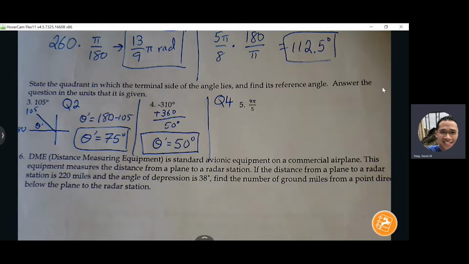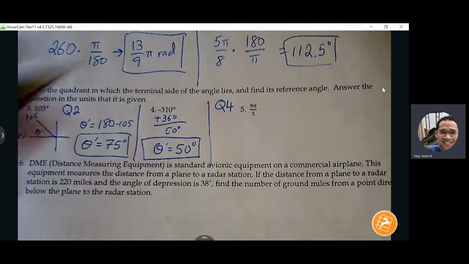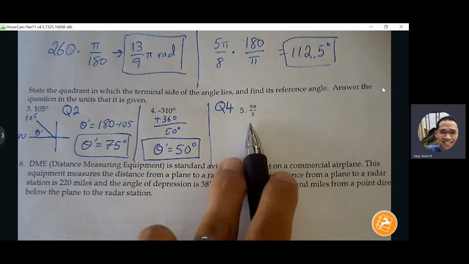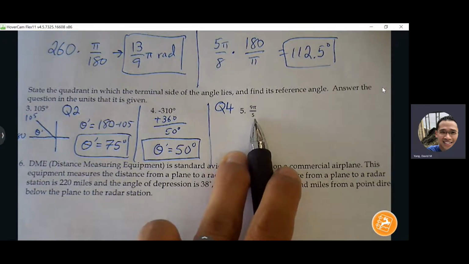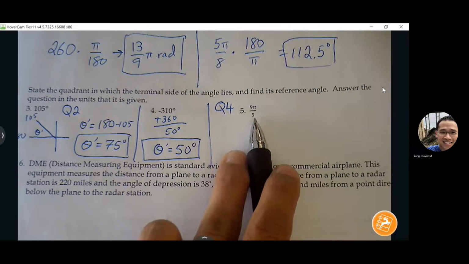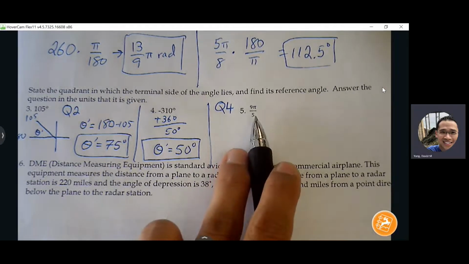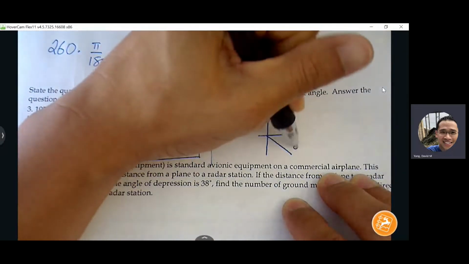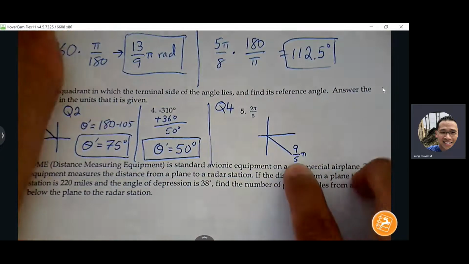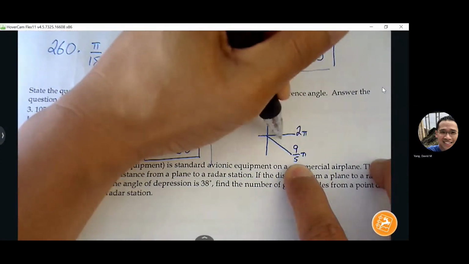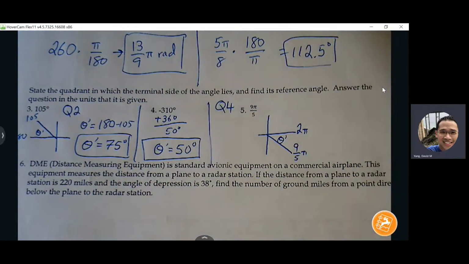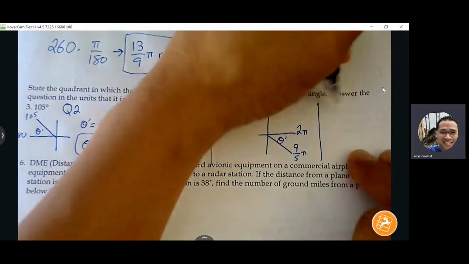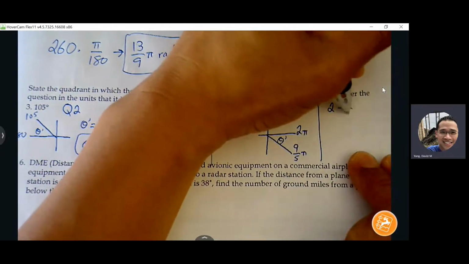Okay, good. Number 5, so quadrant 4. If our measure is in quadrant 4, how do we find the reference angle? Yeah, we subtract involving 2 pi, right? We know that 9 pi over 5 is somewhere in the fourth quadrant. If I want to find my reference angle, I'm going to subtract from 2 pi. So 2 pi minus 9 over 5 pi.